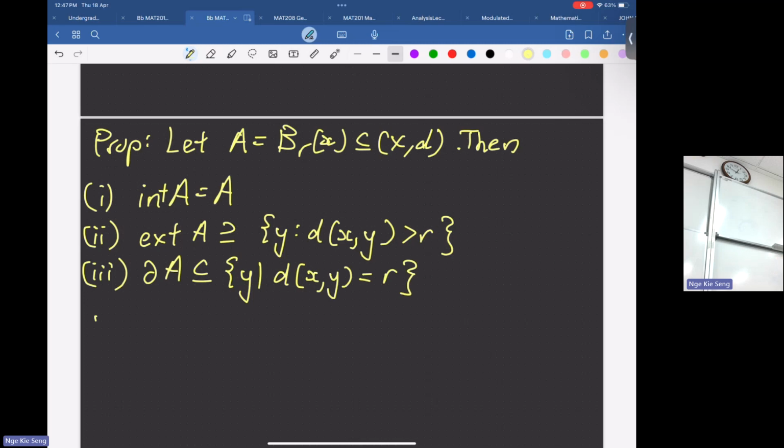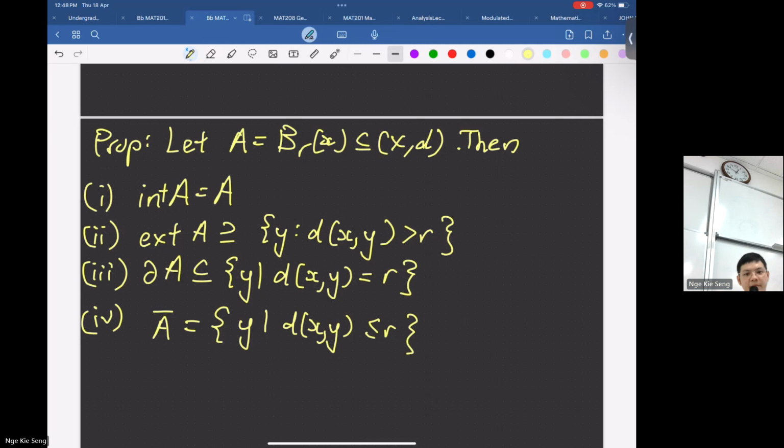Okay, and then if I take the closure of the ball, what is it? It is exactly all the points having distance less than or equal to r from the center. So you can see that for some of them you just have a subset inclusion. The proof is quite straightforward, but what's the counterexample to this non-equality here?